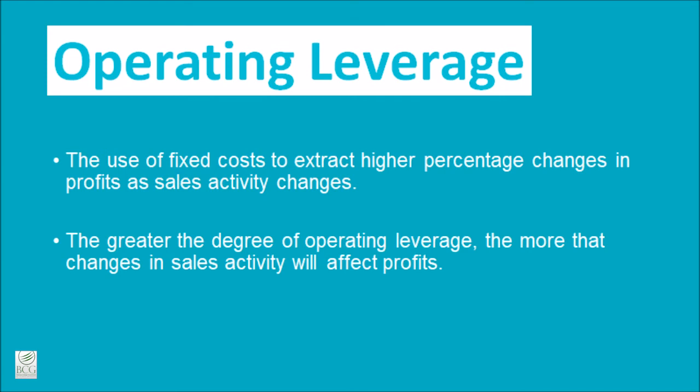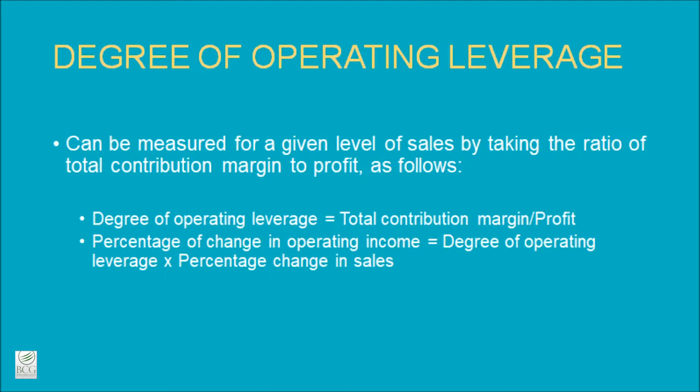Now to calculate the operating leverage, we have the degree of operating leverage. It can be measured for a given level of sales by taking the ratio of total contribution margin to profit as follows. Degree of operating leverage is equal to total contribution margin divided by the profit. Also, the percentage change in operating income is equal to the degree of operating leverage times the percentage change in sales.